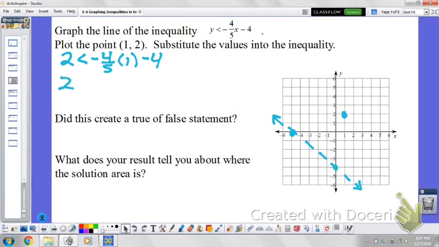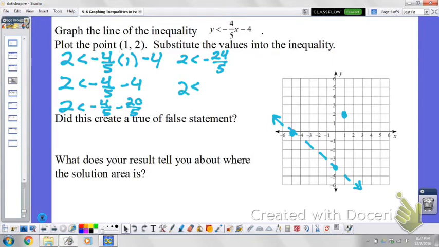So that gives me 2 is less than negative 4 over 5 minus 4, which is the same thing as 2 is less than negative 4 over 5 minus 20 over 5, which allows me to combine those easily. So this says that 2 is less than negative 24 over 5, or 2 is less than negative 4 4/5.